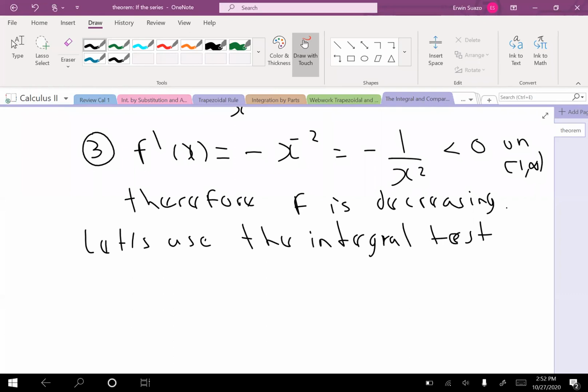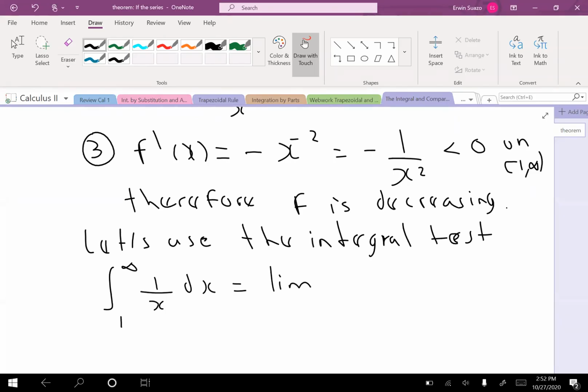So we use the integral test. We need to find the integral between 1 and infinity of f of x, that is 1 over x dx. So we already did this, right?